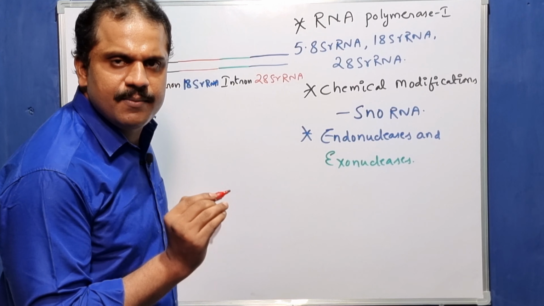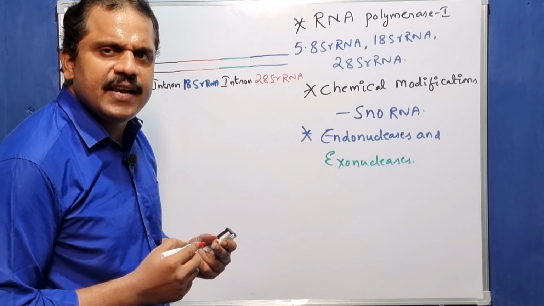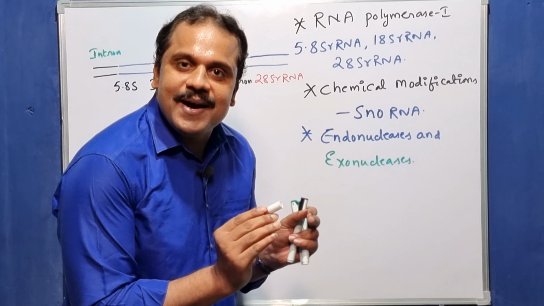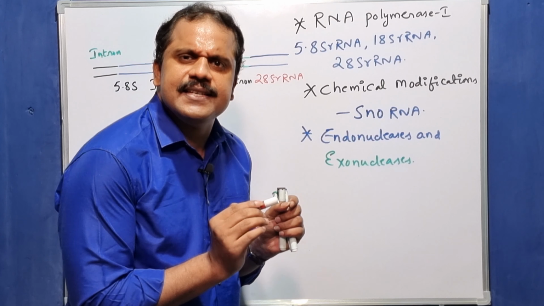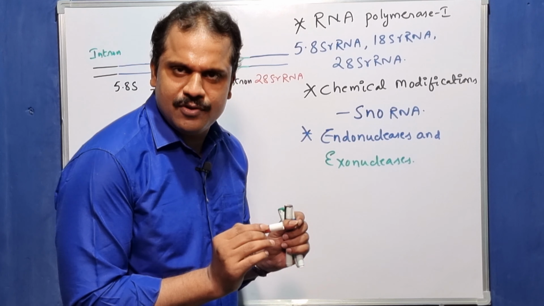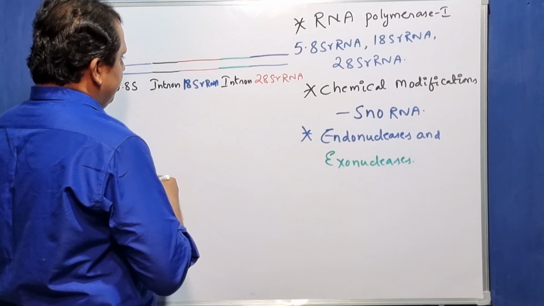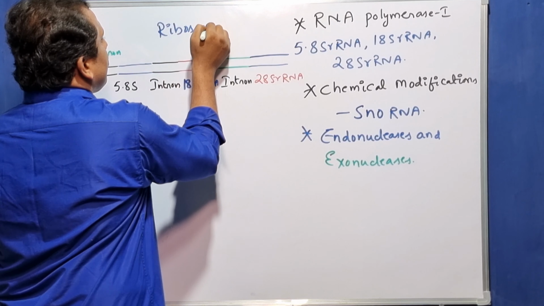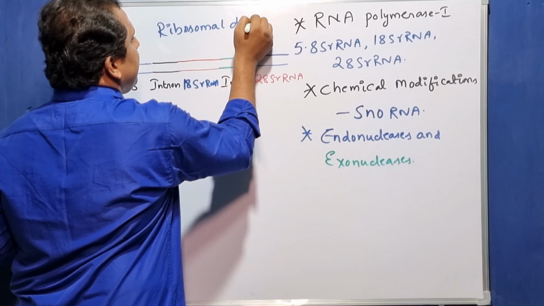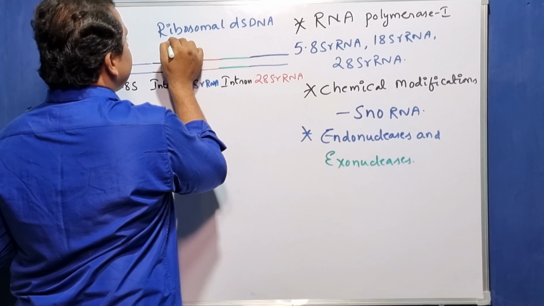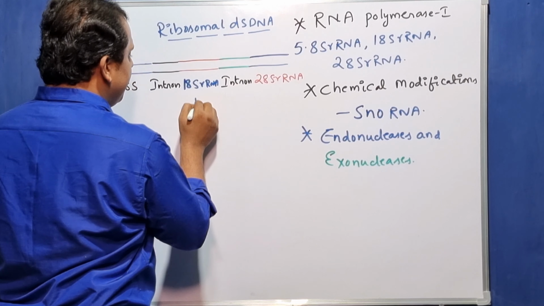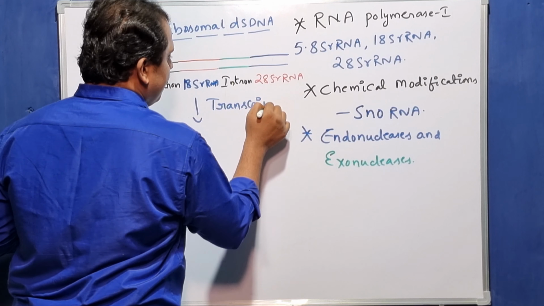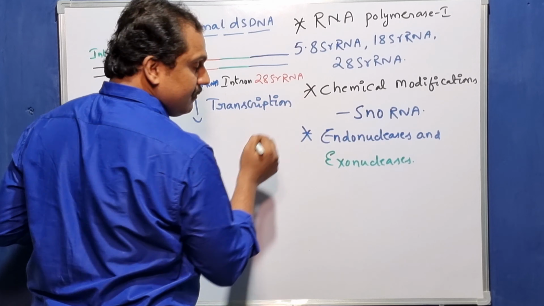So here it is the ribosomal double-stranded DNA. Once the ribosomal double-stranded DNA undergoes the transcription process, it synthesizes single-stranded RNA, right? So let me present it here. Here it is a ribosomal double-stranded DNA. When it undergoes transcription, is it clear?